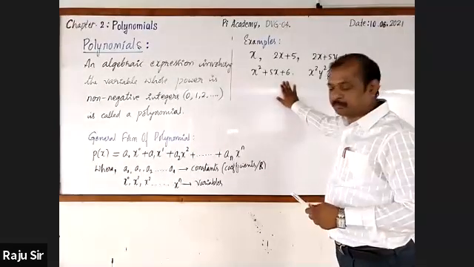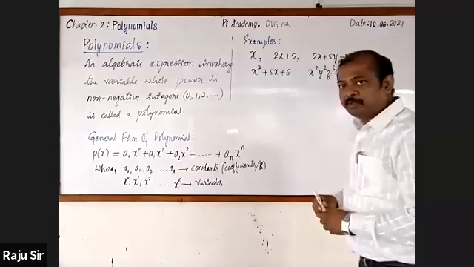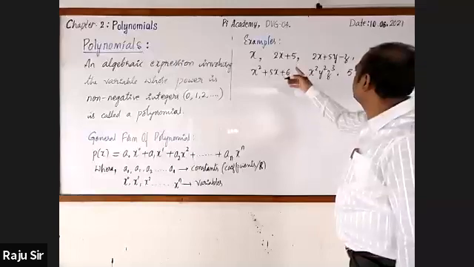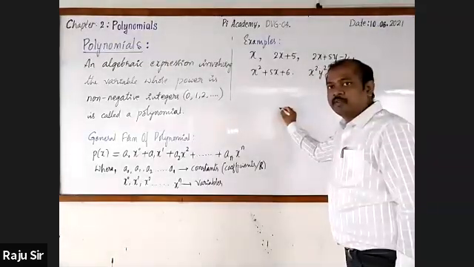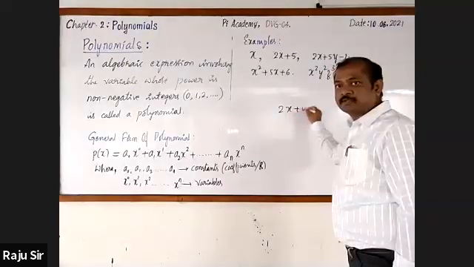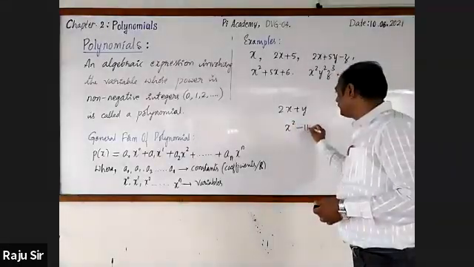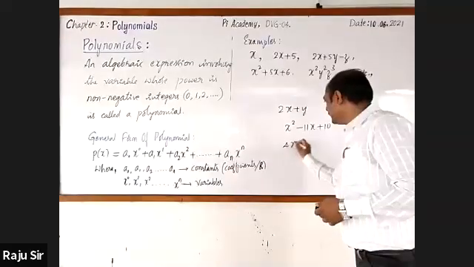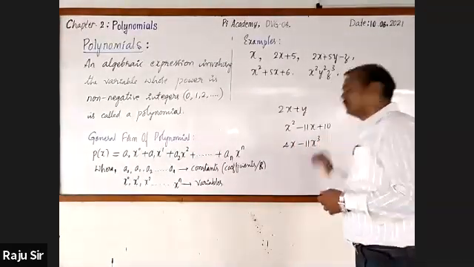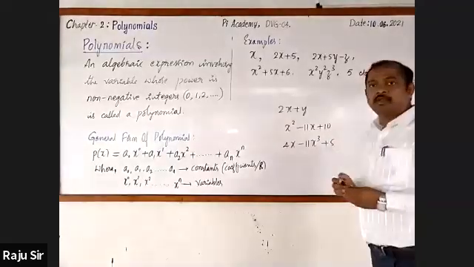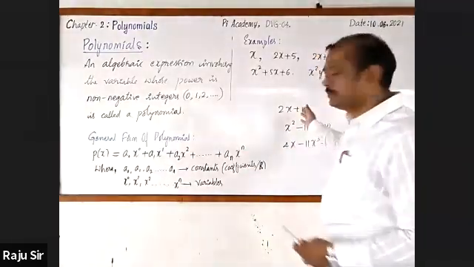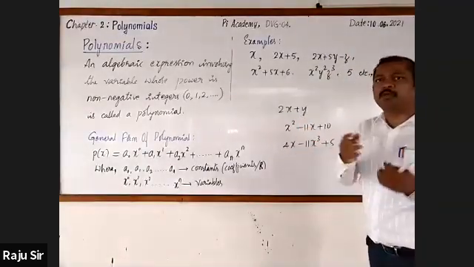Now, observe. These are few examples for polynomials. Let me go for taking few more examples for the polynomial. Look here. It is 2x plus y is a polynomial. x square minus 11x plus 10. 4x minus 11x cube plus 5. See, I have been taking the examples for the polynomial just involving only one or two variables.